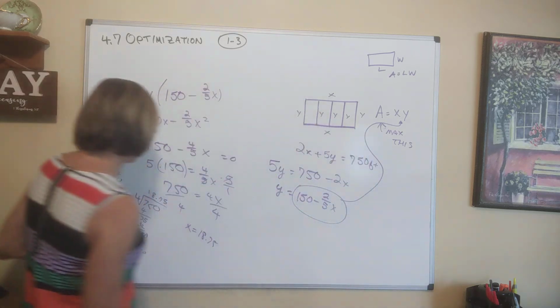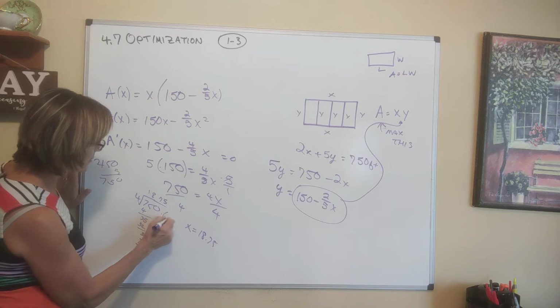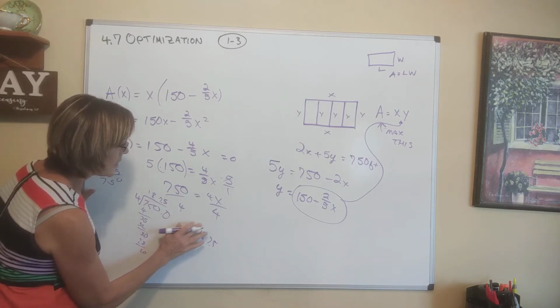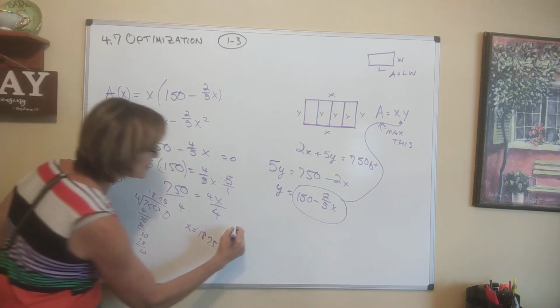Yeah, except I think I'm off a decimal. This is 750, here's my decimal. Yeah, that's the wrong place. 187.5 is X. So let's test this.